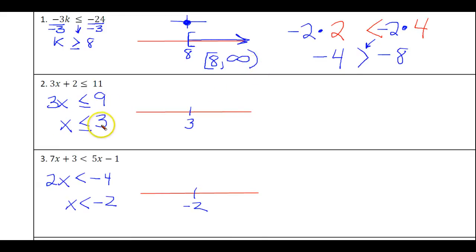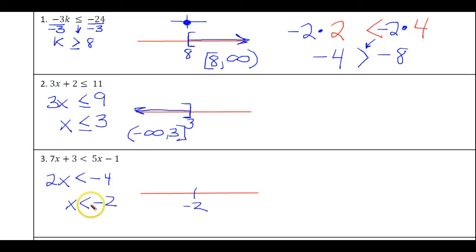Now for something like this, it's 3, and because it's less than or equal to, because of the equal to sign, we use a bracket, but this time it faces left, and then following the point of our inequality sign, it goes this way. In interval notation, this is coming from negative infinity up to 3, and we include the bracket to indicate 3 is included.